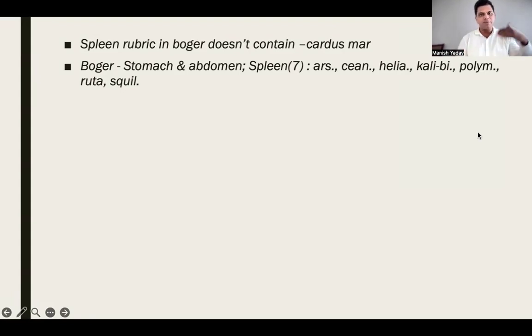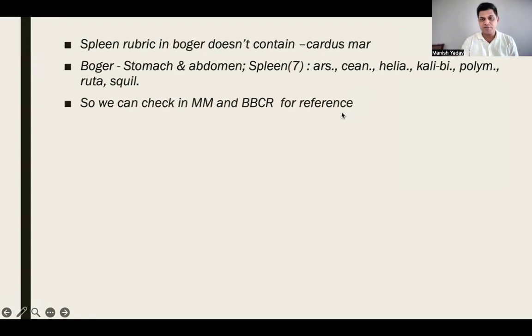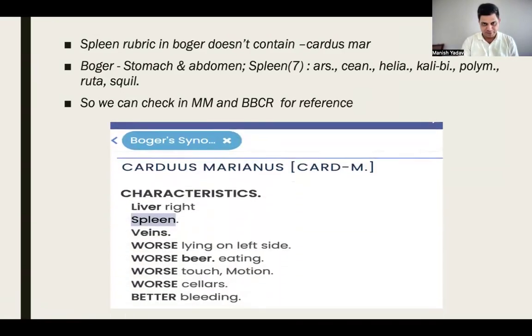That is why you have to take a bigger repertory. That is why Boger's synoptic key gets very limited. So when you go in BBCR, maybe you'll have more remedies. But when you're talking about Boger generally, the spleen is not there. So we can check in the materia medica and BBCR for reference.